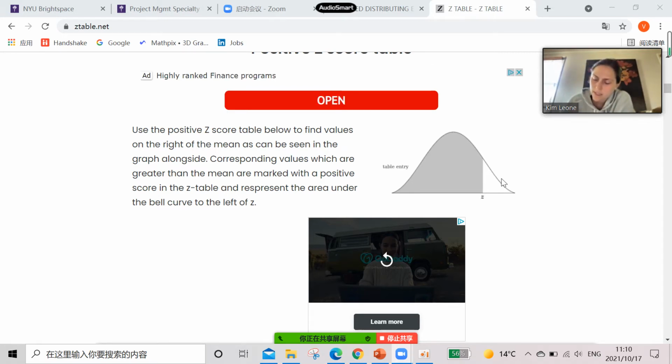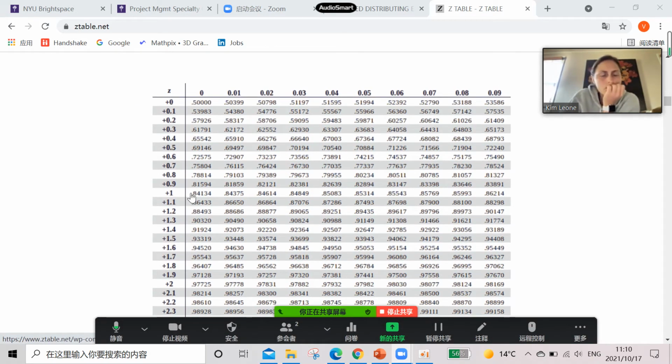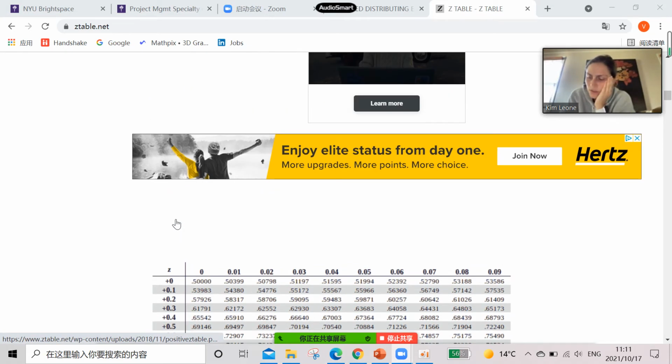So less than a negative is greater than a positive because it's symmetric. So you can use only this table to calculate that. You find 1.2, which is 0.88493, and use 1 minus that. Gotcha. Okay.